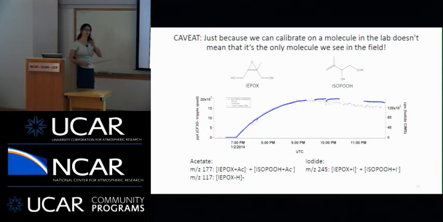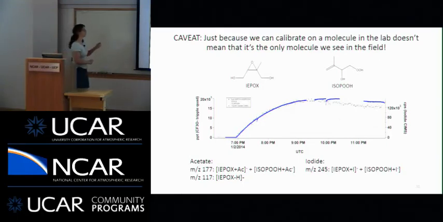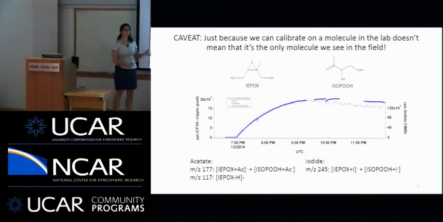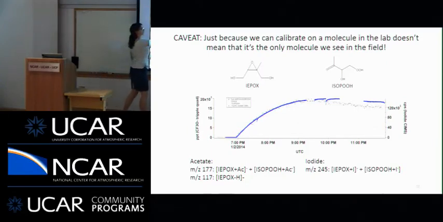And we have a little glimmer of hope that the IEPOX, so this molecule, shows up as not a fragment, but as a non-cluster in some very small amount in the acetate ionization. So we may actually be able to separate these two. But just because we were able to do some beautiful calibrations of IEPOX in the lab, it turns out that all our SOAS data is impossible to interpret because we were actually really measuring the sum of these two isomers. So again, this is something to just keep in mind when looking at data.